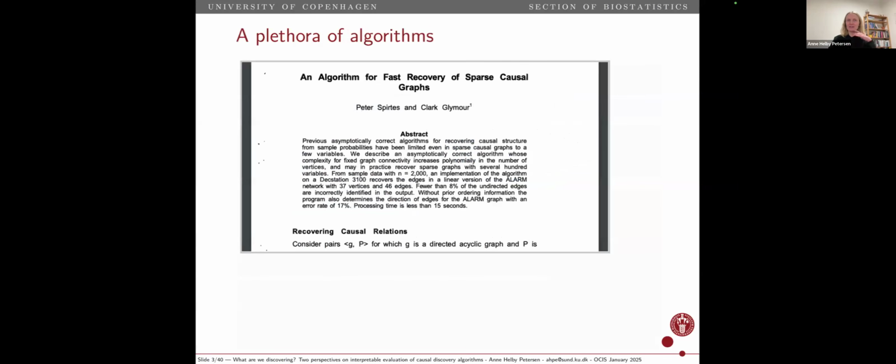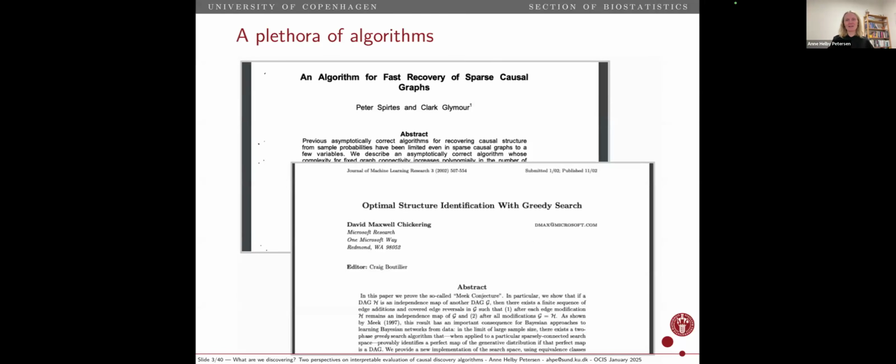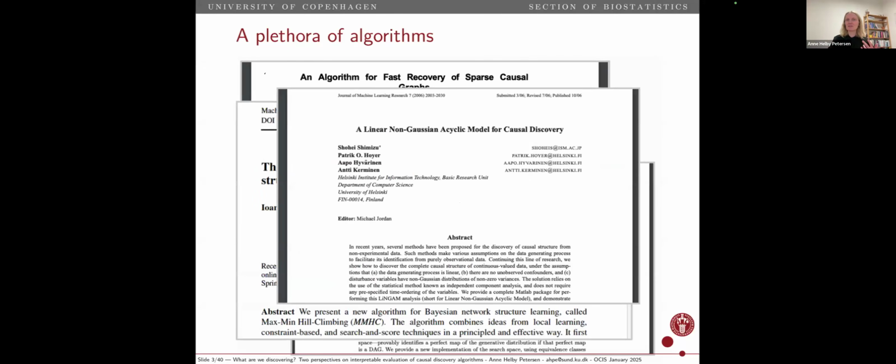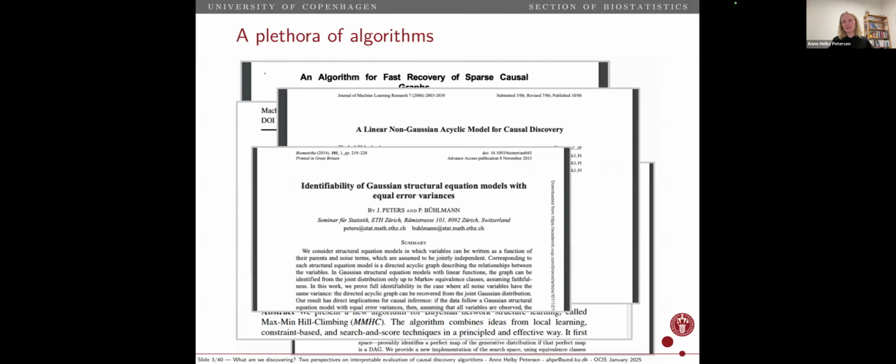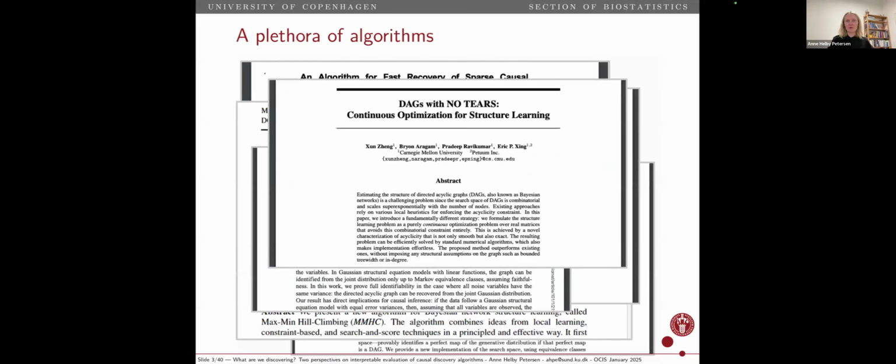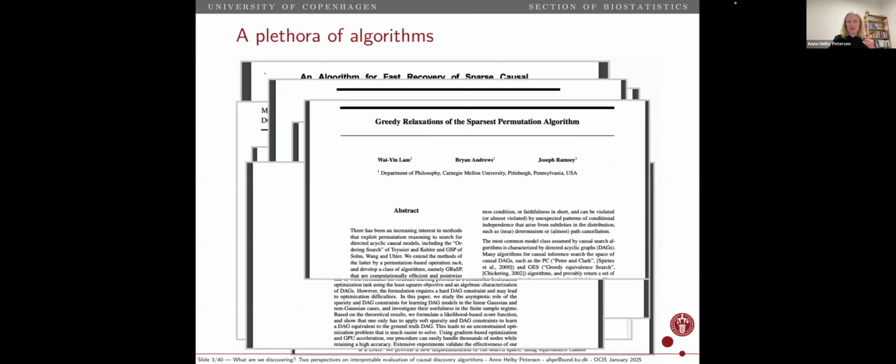Okay, so for this task, there are a lot of different algorithms available. This is one of the classics in the field, the PC algorithm, but there have been many proposals throughout the years using different interesting ideas and techniques to go at the same problem.